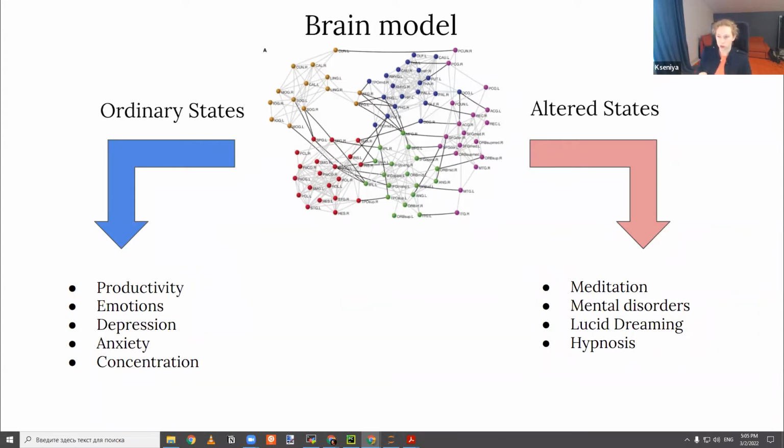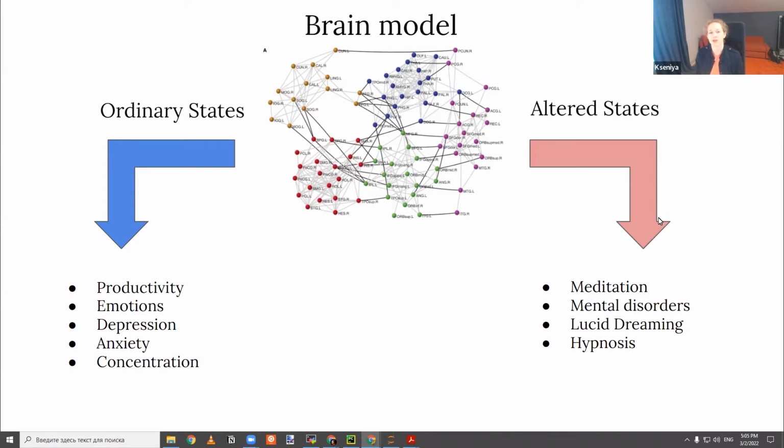And I would divide the states and modes of operation of the brain into normal, or ordinary states, and altered ones. I mean by ordinary states those states in which each of us often are, so a high percentage of the population in their ordinary lives. So we can be productive or not productive.